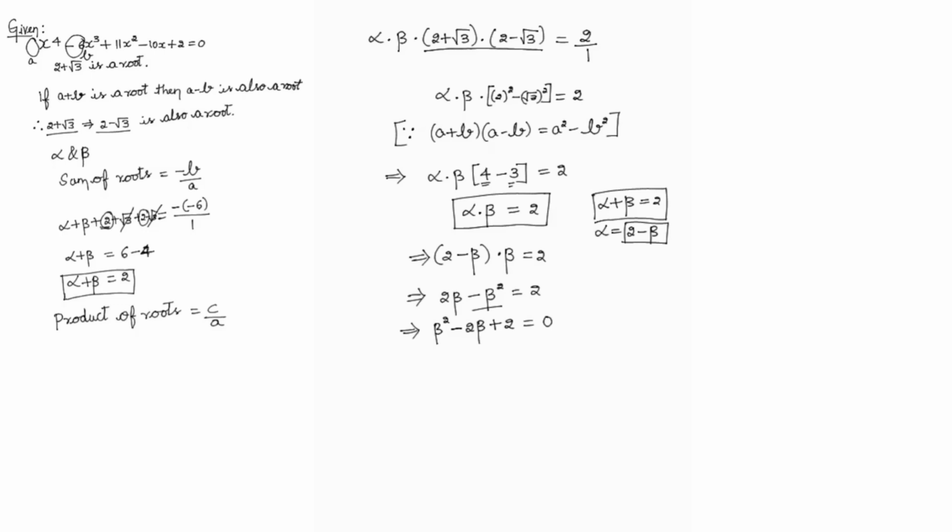Okay, so this looks like ax square plus bx plus c is equal to 0, and we know the root of ax square plus bx plus c is equal to 0, which is minus b plus or minus whole root b square minus 4ac whole divided by 2a.